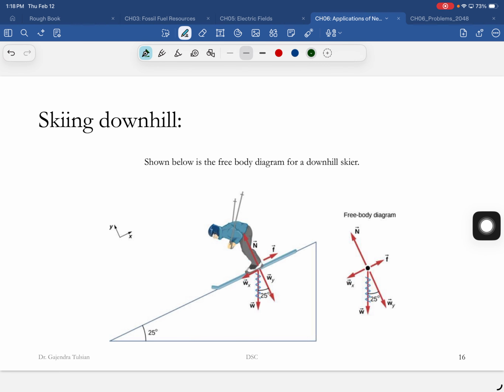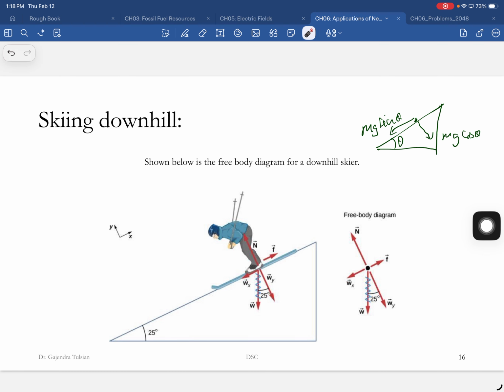So, and you guys remember, I'm sorry, this is mg sine theta. This is mg cosine theta, okay? And here is the friction force. What kind of friction is this?